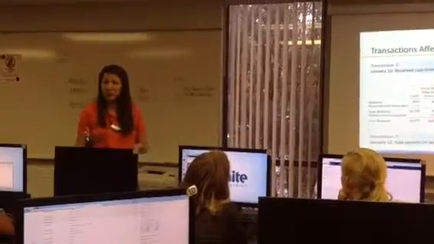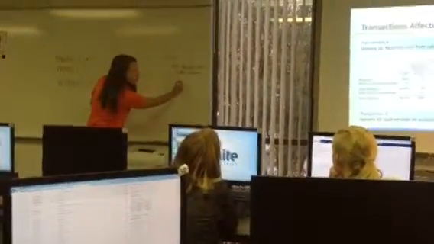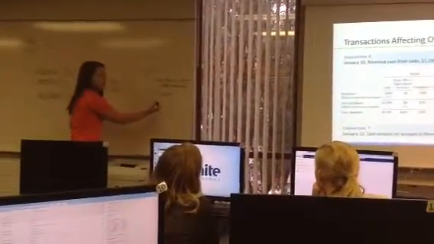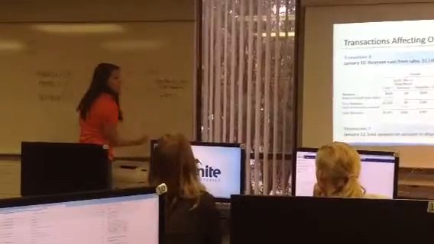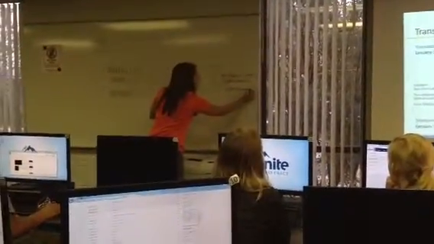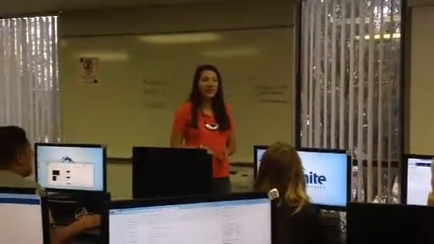Okay, so we sold more services. So we have, what is it, 500? And what's it under? Revenue. But what else is happening? Are we getting the cash? We're not getting the cash.